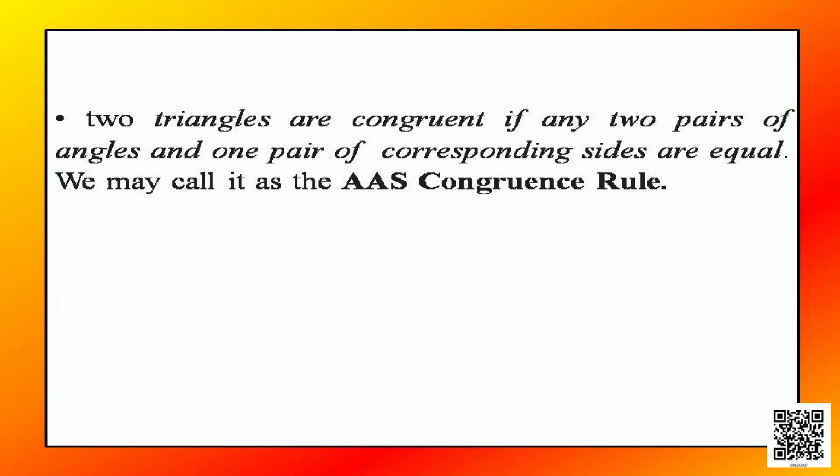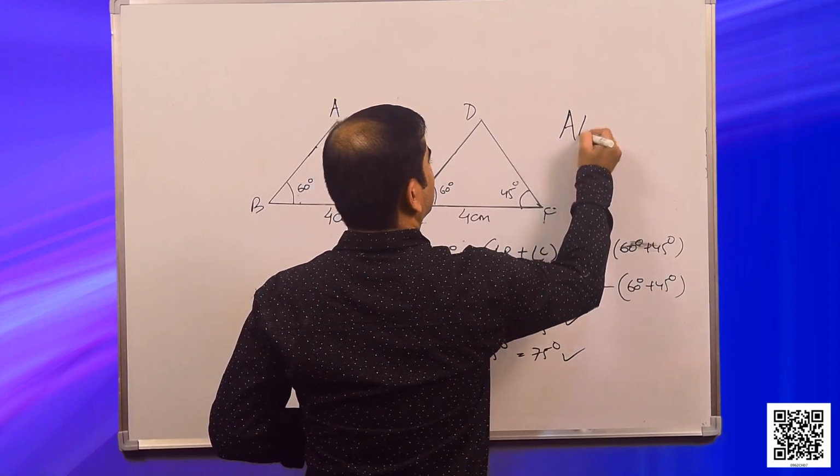So, two triangles are congruent if any two pairs of angles and one pair of corresponding sides. See, in this case, corresponding side, not included side. Corresponding sides means any of the sides. Two triangles are congruent if any two pairs of angles and one pair of corresponding sides are equal. We may call it as the AAS congruent rule.